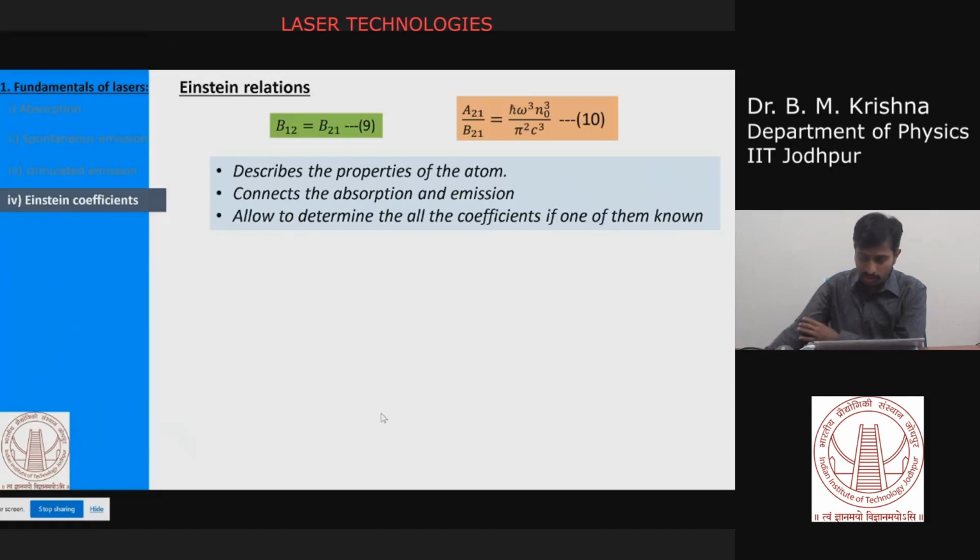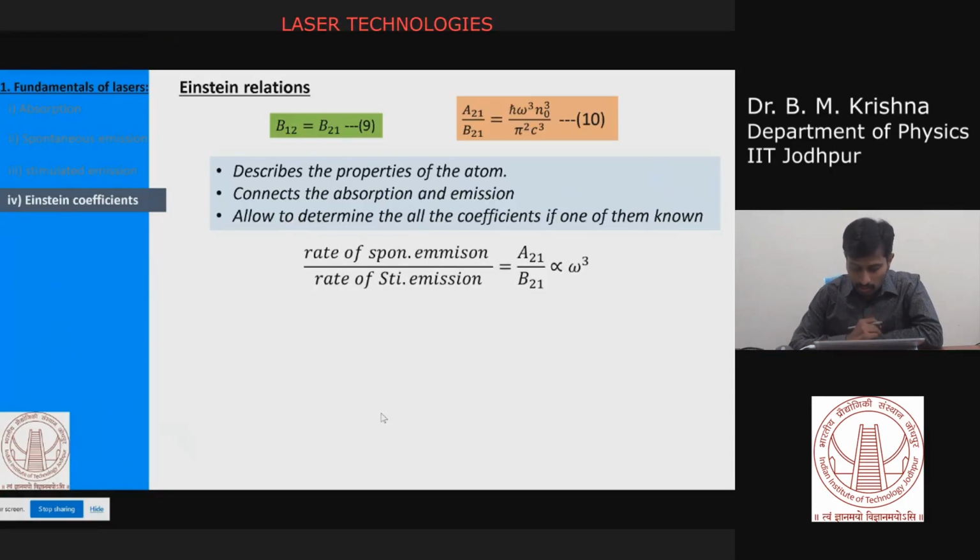Now we see the rate of spontaneous emission over the rate of stimulated emission, which is nothing but A21 by B21. If you see in this equation number 10, h cross is constant, pi is constant, c, the velocity of light, is constant, and n naught is constant.